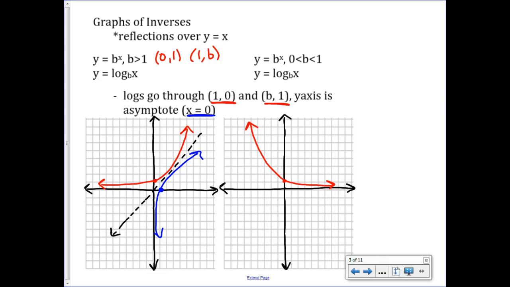We're flipping over this y equals x line, then everything flips. So we have a vertical asymptote. We're going through (1, 0). So it looks like this.